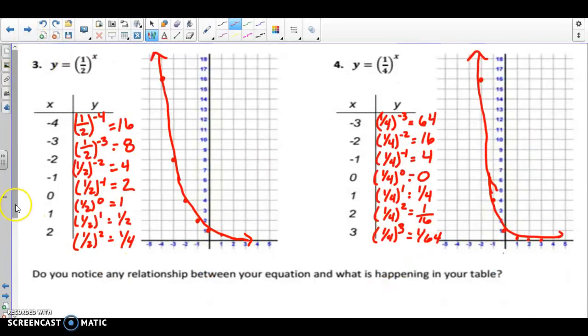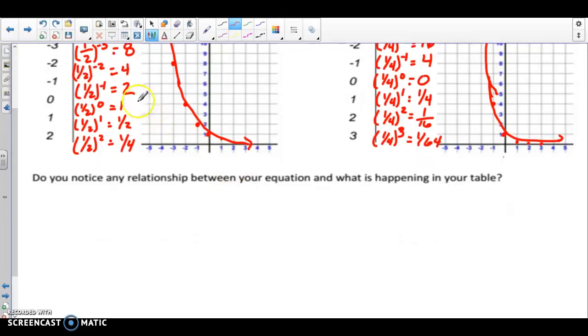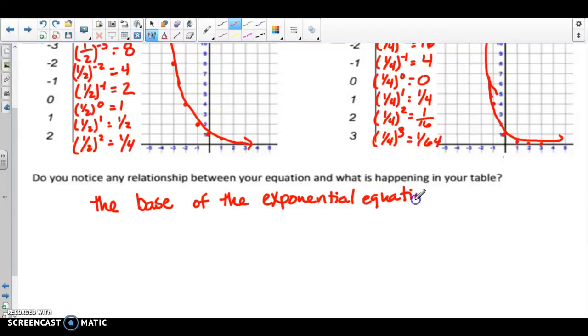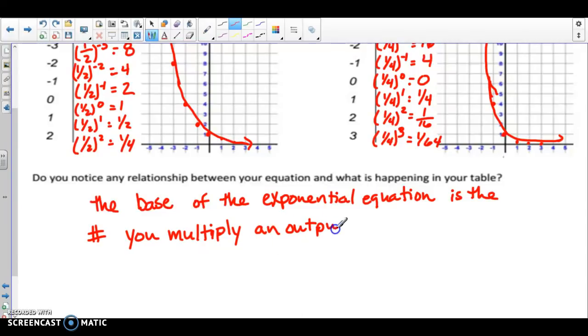So our relationship between our equation and what's happening in our table is that the base, or the number that's being raised to the exponent of the exponential equation, is the number you multiply an output by to get the next output.